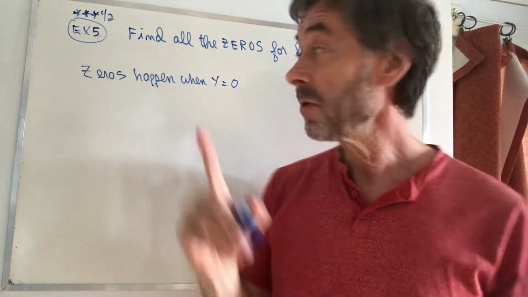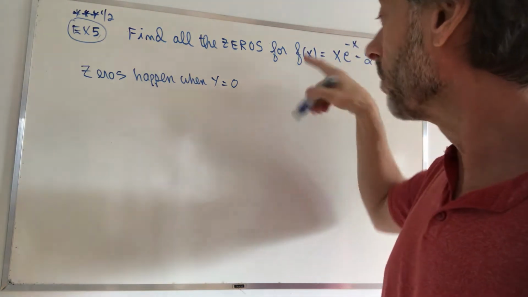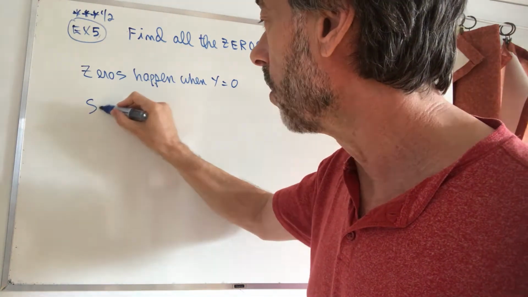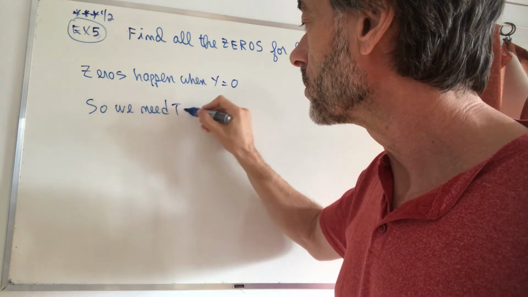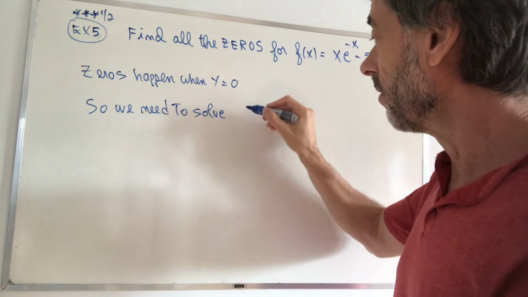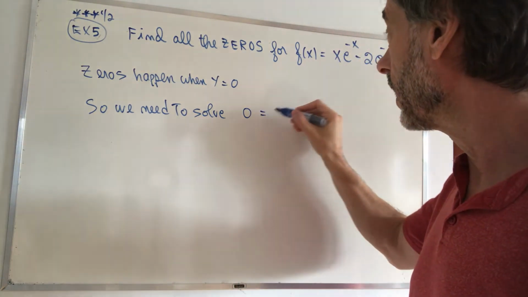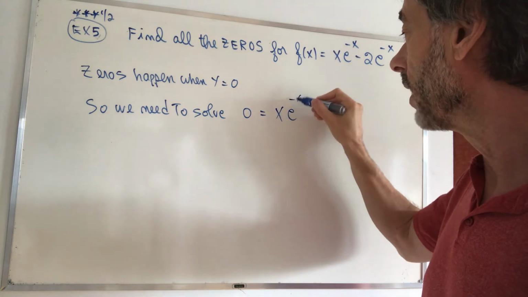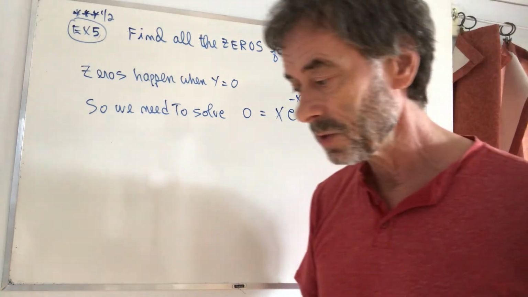Now y has another name. y is the same thing as f of x. So I'm going to replace f of x by 0. So we need to solve 0, which is my f of x, which is my y, equal to x e to the minus x minus 2e to the minus x.